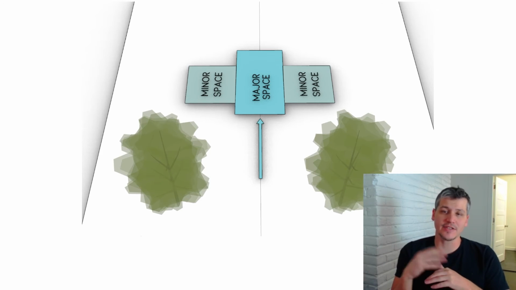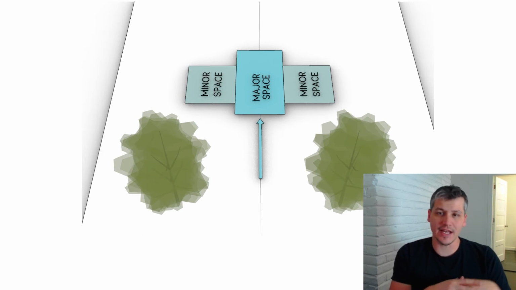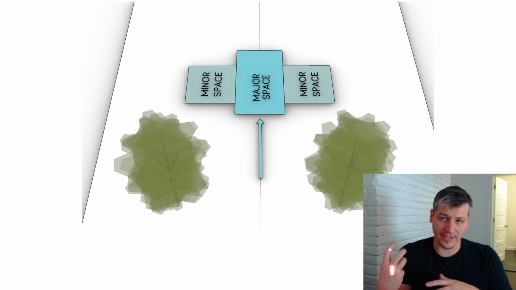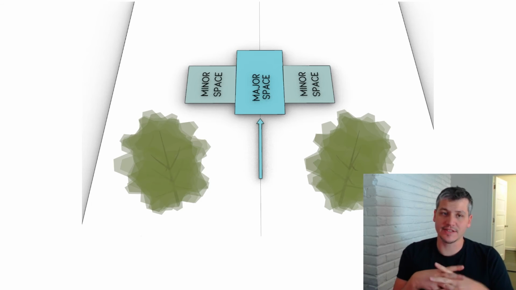So if this were a house, again, living, dining, kitchen would go in the large space, and then the minor spaces would be like a laundry room or a garage, or maybe the guest bedrooms. All the stuff that's not really fundamental to living in the house really goes in the minor space, typically. And that's typically the language that a lot of architects tend to follow and focus on.